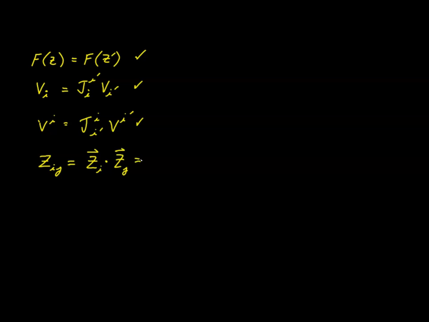Now, for each of these two factors, I'm going to replace each one with its transformation to the prime system. So I'm going to need a Jacobian factor like this. This needs to be prime. This would be an i prime. So that is the same as our first factor. We're going to dot that with the transformation for the j term here.